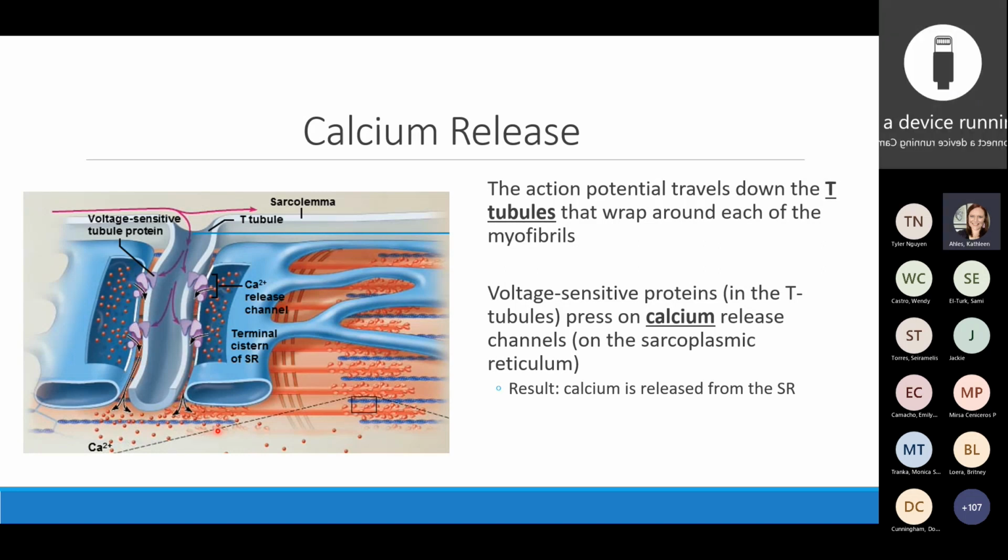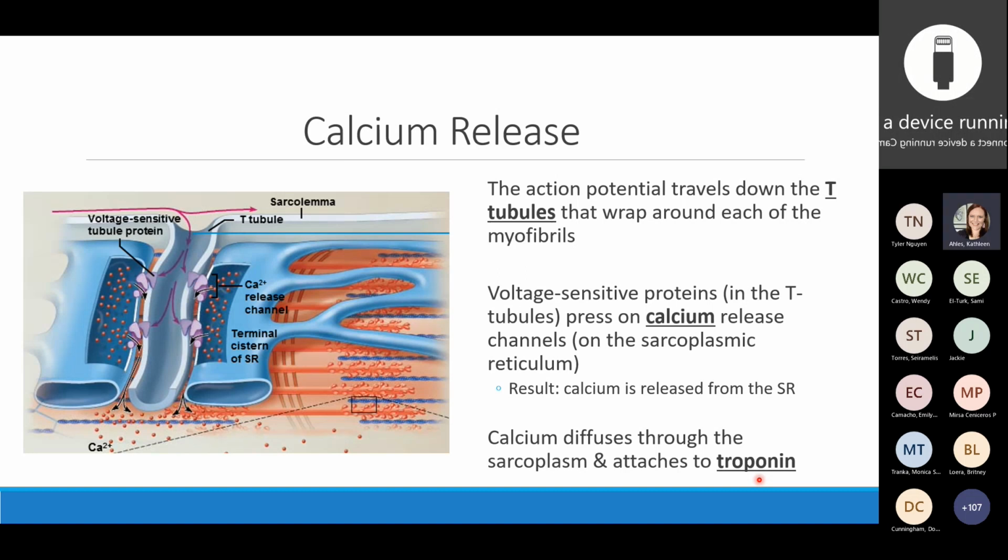And if you remember from our discussion about our regulatory proteins, that calcium is what I need to deactivate my push pin, to make troponin pop out of place. And once troponin pops out of place, tropomyosin is going to slide away. And now I can do the process of muscle contraction.